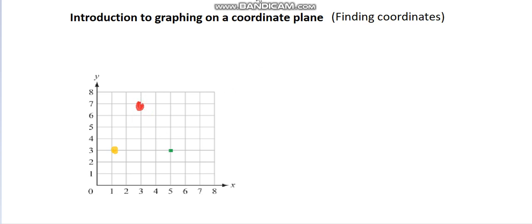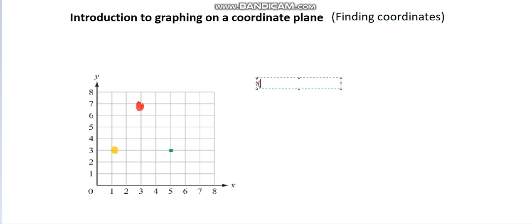First let's start by looking at our red point. We're going to do exactly the same thing. I can identify an ordered pair by looking at my x and my y axis exactly the same way. Looking at my red dot, moving along the x-axis, I first identify that this red dot lies along 3 on the x-axis.